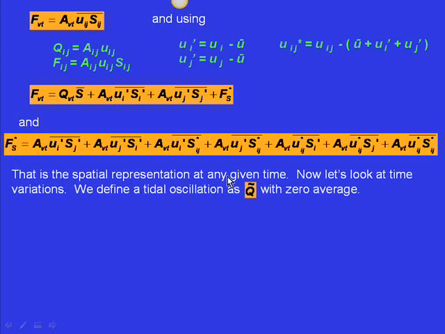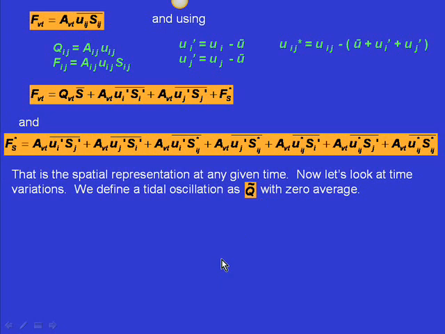So again, that is a spatial representation at any given time. And this is something that we've talked about before, but we've just added this interaction term right now and written in a slightly different way than before. So it's at any given time. Now let's add the time variations. So we will define the tidal oscillation of the water transport as Q tilde, and it has zero average because it's a purely tidal fluctuation.